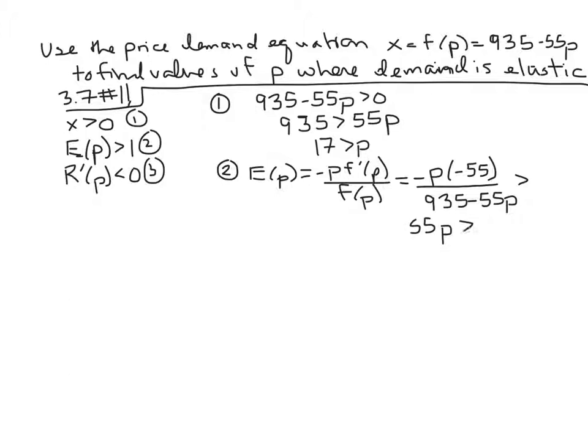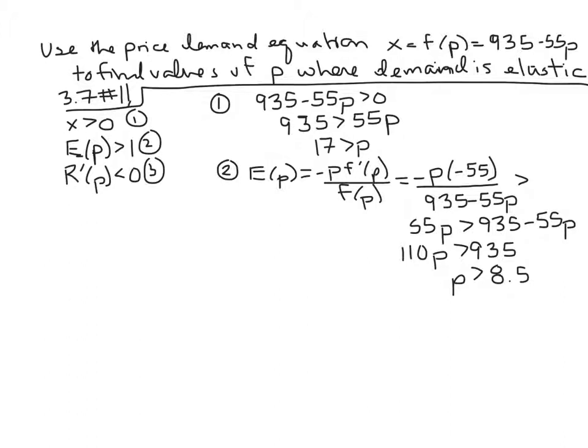And on the right-hand side, I'm going to have 935 minus 55p. I'm going to add 55p to both sides, so that's 110p greater than 935, and so P needs to be bigger than 935 divided by 110, which is 8.5.